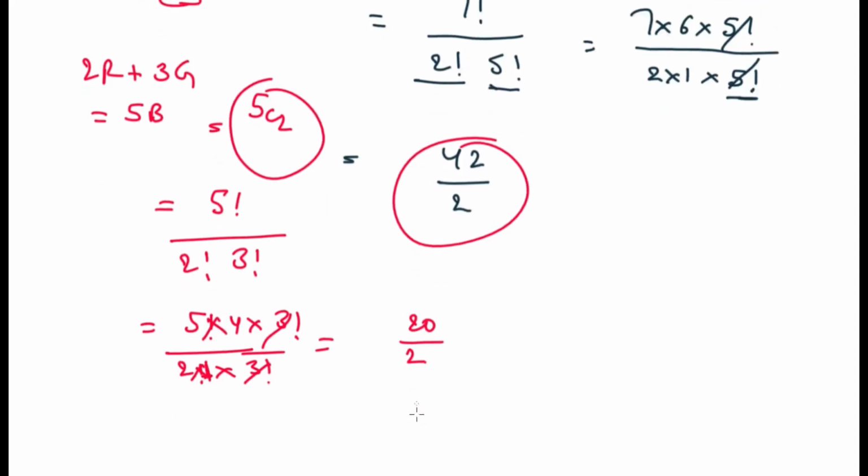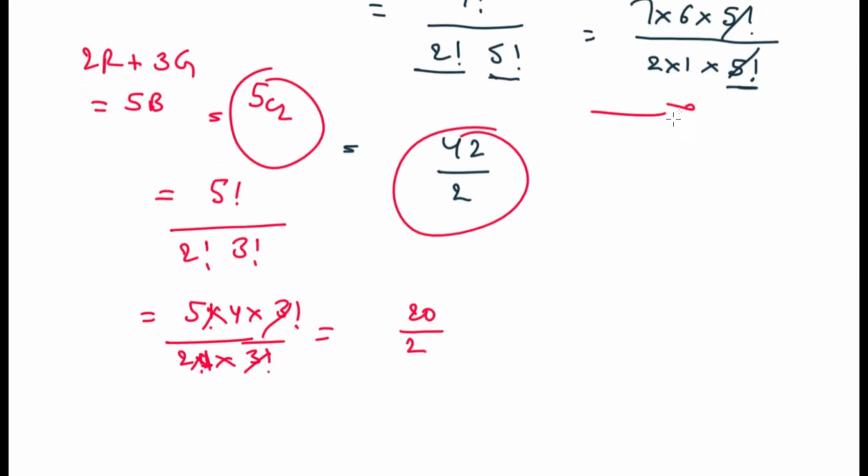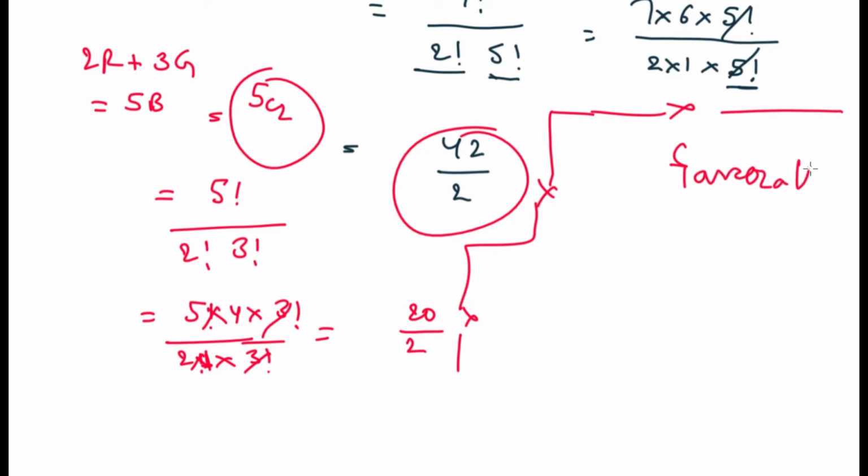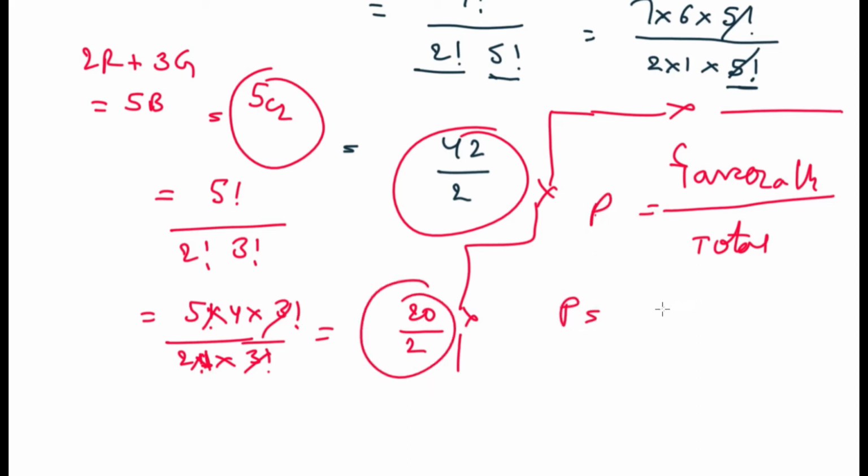So according to our probability formula, this will come as favorable cases upon total cases. So our favorable cases are 20 by 2, and the total cases are 42 by 2 because we have found 7C2, choosing the 2 balls out of 7.